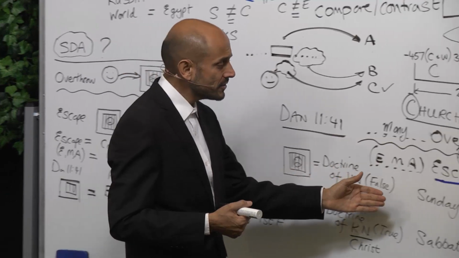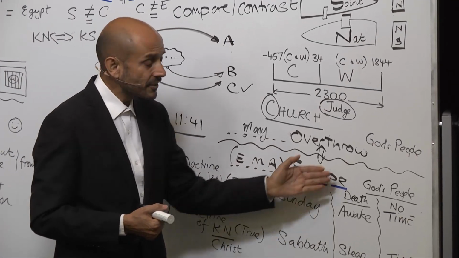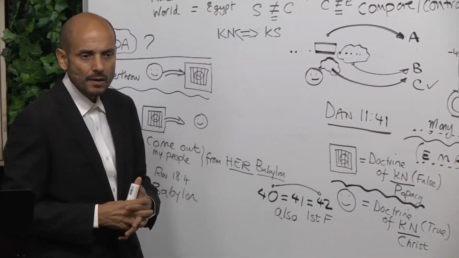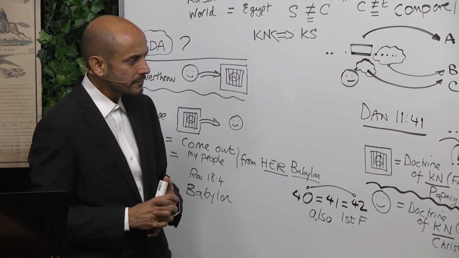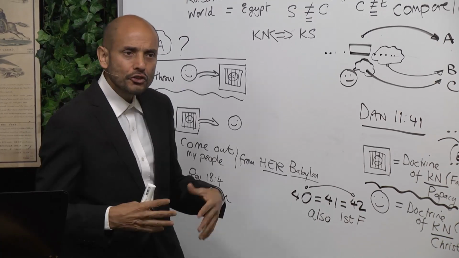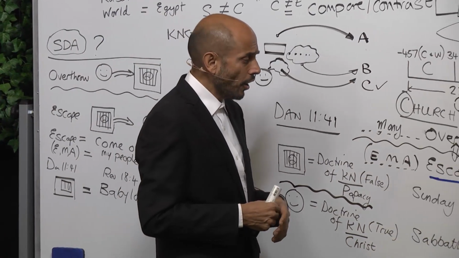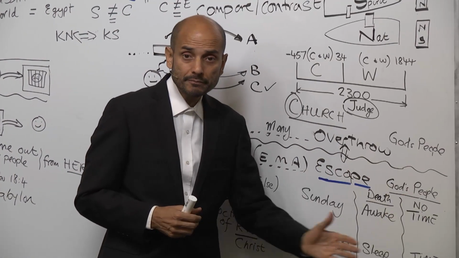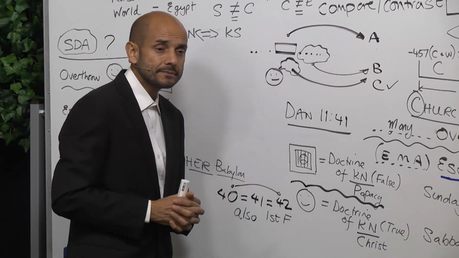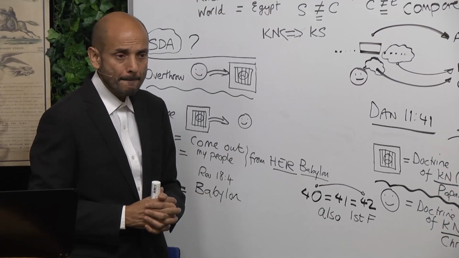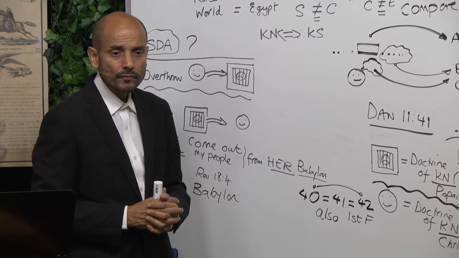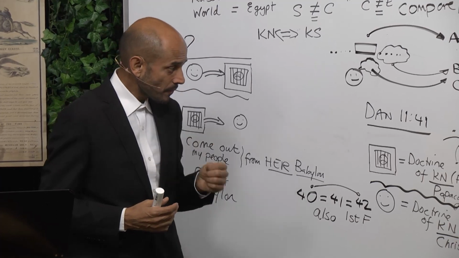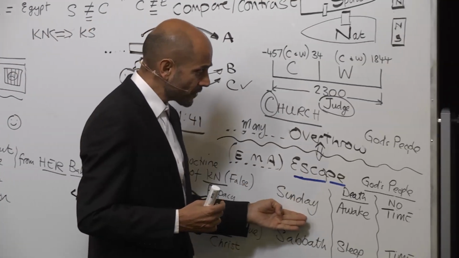The two obvious ones are Sunday and the state of the dead, or spiritualism. But the third, which is equally, if not more important, is the issue of time. So there's this fourth doctrine: false Sunday sacredness.